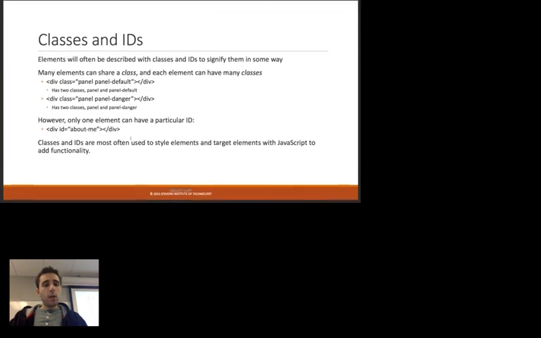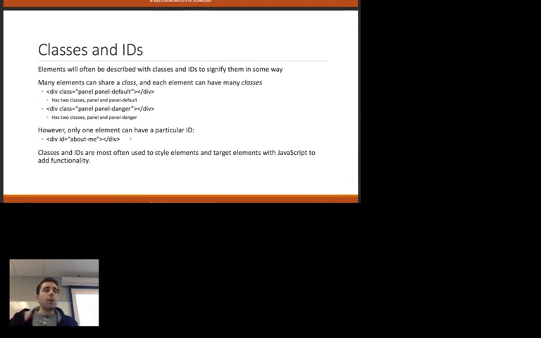Now finally, kind of not so important, but just so you know, we can denote information about each element, which will come in handy when we start writing CSS in a week or two, by giving them a class or an ID. Classes describe elements in a way that they can belong to a whole collection of elements that all share a class, whereas IDs are unique for each element. An ID can only be used once per document.